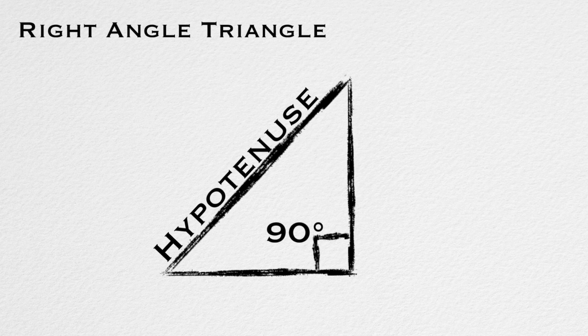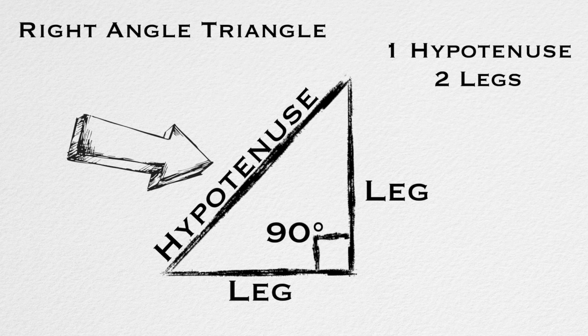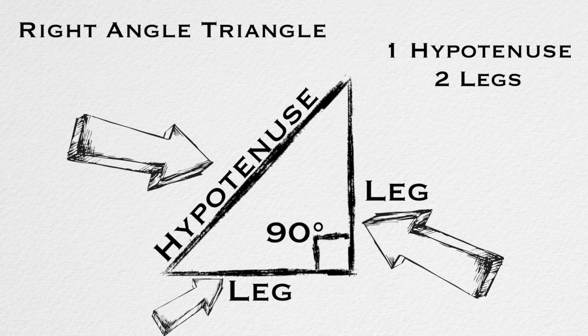But what about the other two sides? These sides are called the legs of the triangle. So, this right angle triangle has one hypotenuse and two legs.